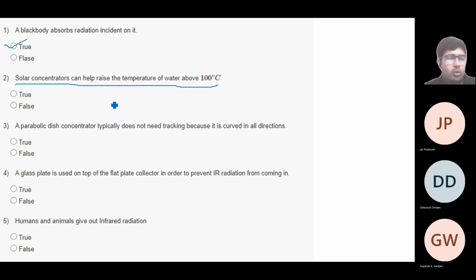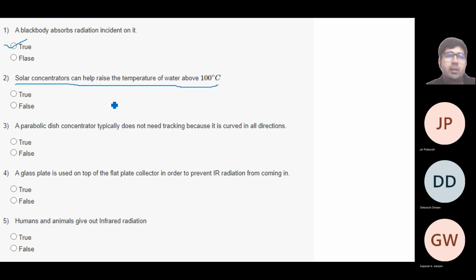Can we increase the temperature of water beyond 100 degrees if we concentrate the solar radiation to a particular point, as we see in the solar dish collector, where we are using concave mirrors, and at a focal point we put some water, suppose? All the radiation will be concentrated at the particular focal point.